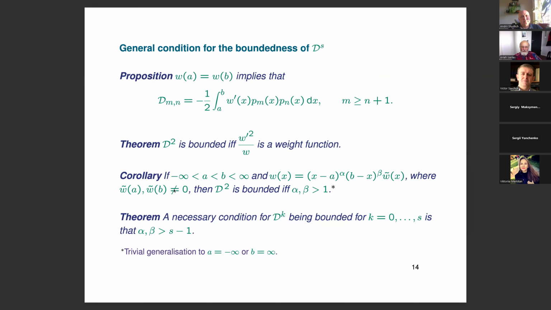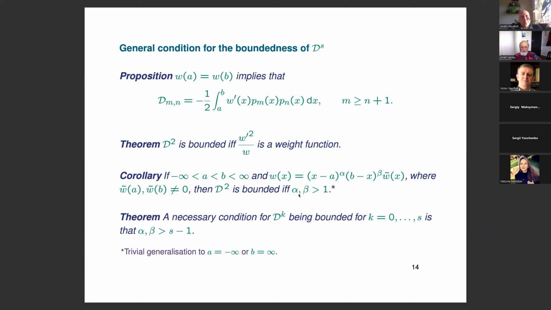And so, for example, if we have a finite measure, if a and b are both finite, and we define, let's say, W of x is x minus a to some power alpha times b minus x to power beta. Remember, a and b are the endpoints, times some new function W tilde, which doesn't vanish at the boundary.